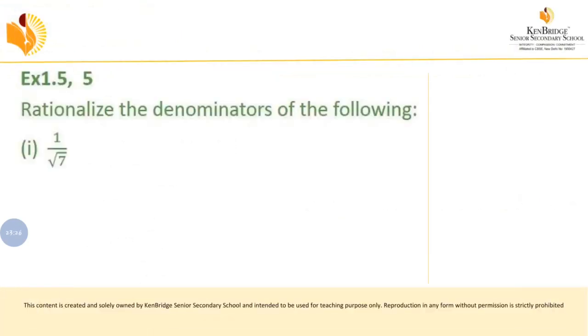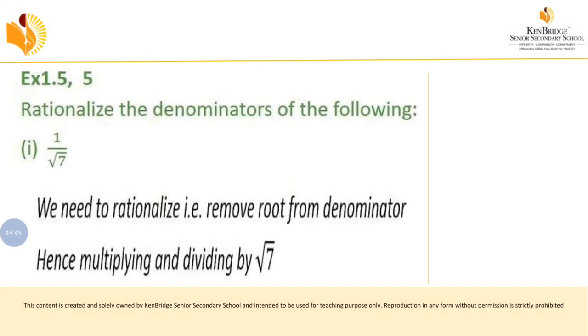This question is taken from exercise 1.5, the fifth question. Rationalize the denominator of the following. The first subdivision is 1 by root 7. If it is root 7, we have to multiply and divide this term by root 7. That step about rationalizing you have to write.